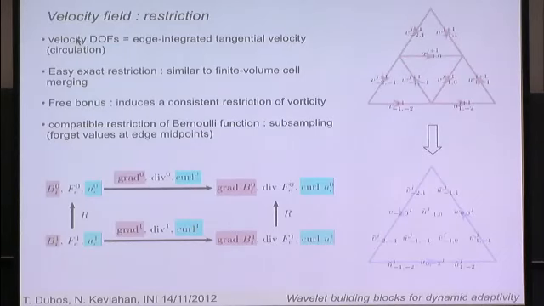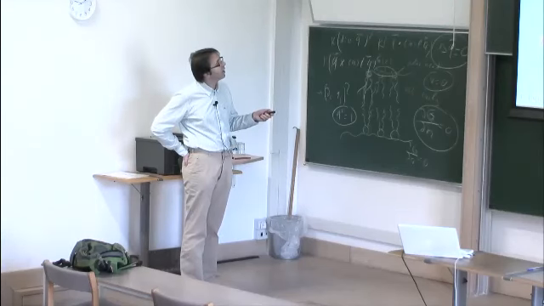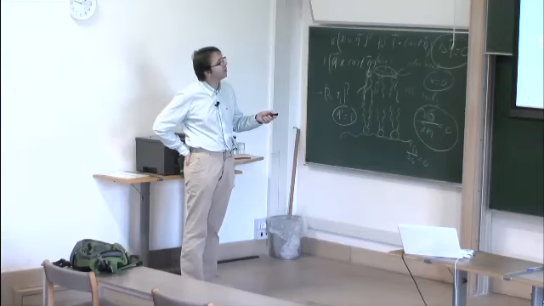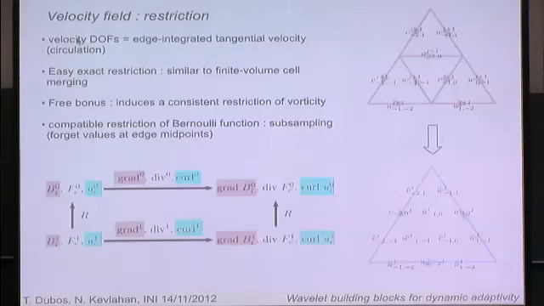Okay, so what I have is this commutation diagram. Before, in the AMR, I had the commutation for the divergence operator. I was able to restrict the flux from the fine grid to the coarse grid, and I had a consistent divergence. And now I have a consistent curl, so that's what I explained first.